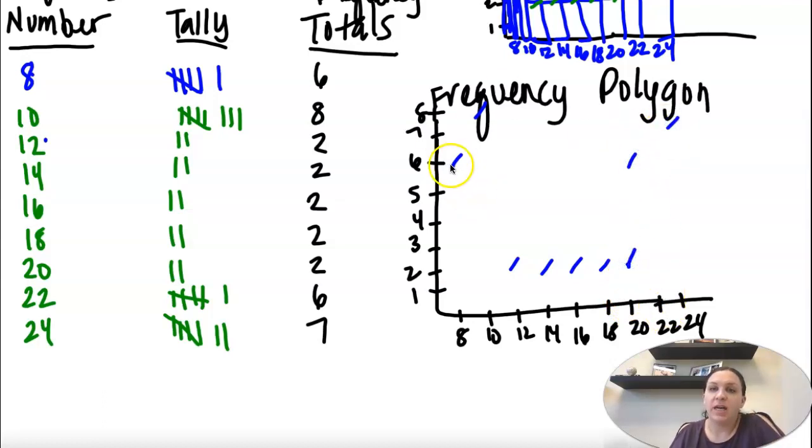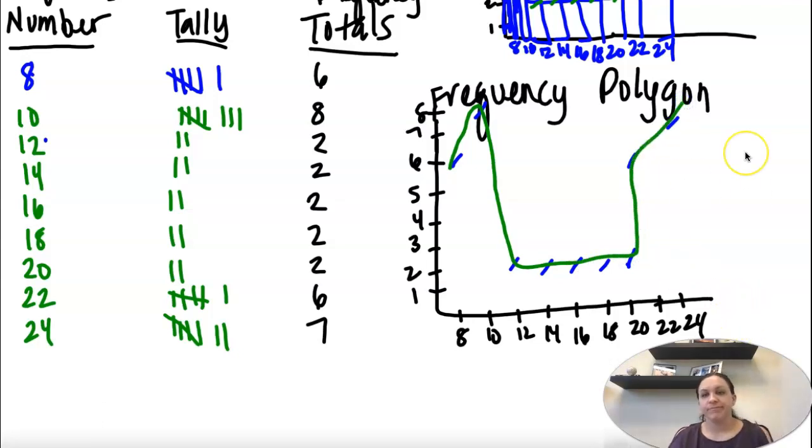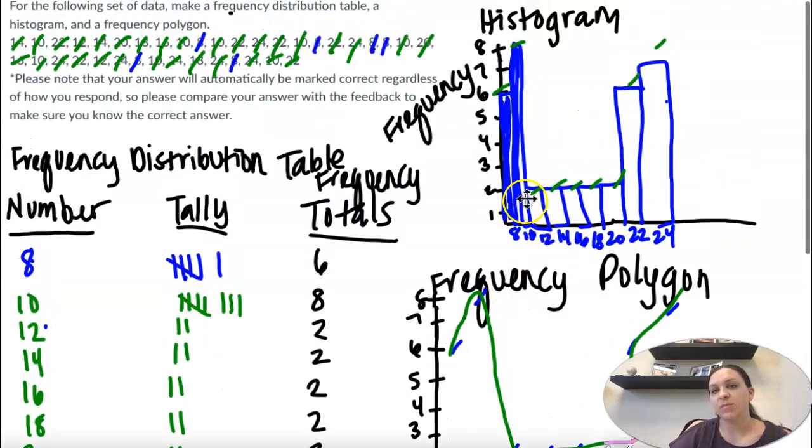And I'm going to make a line graph. And that's why it's called a polygon. It kind of makes a shape. So that is a frequency polygon. It shows the shape of the histogram if you were to draw lines.